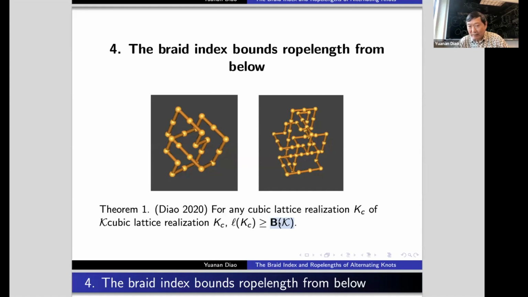So here, if you have a link, it is possible to have different orientations. Therefore, the orientation I'm talking about is the one that gives us the largest braid index.